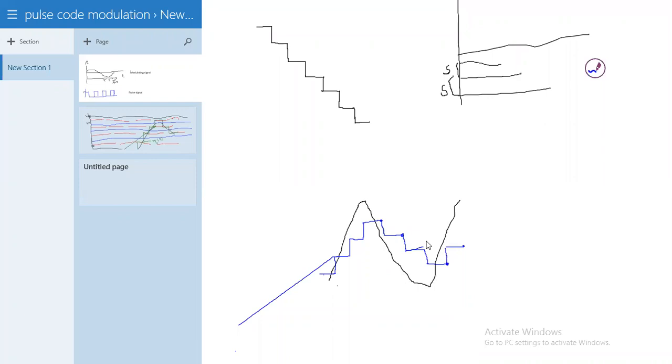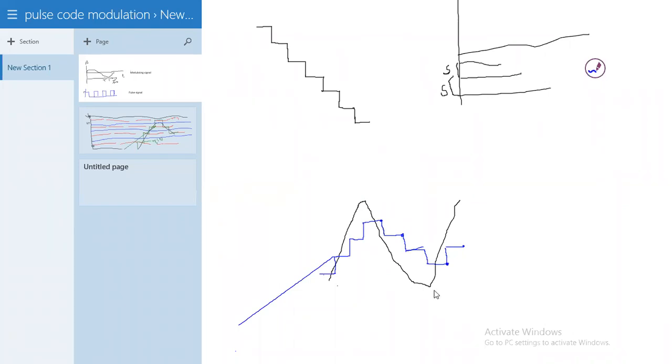So here, by using this uniform quantization, the quantized signal does not follow our analog signal. It does not follow the analog signal amplitudes. So much quantization error is there. This is the drawback that can be present when the input signal is a large signal with steep amplitudes.